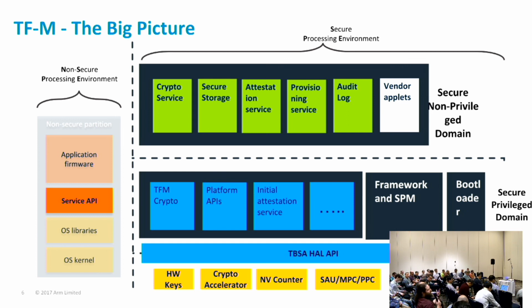But yeah, you never know what's going to get pulled into the secure world. Sometimes people might want to say, actually I want the secure world to be in charge of all the networking, I don't want the normal world to be, and we're going to have an API for doing that. And suddenly you're going to have to pull in networking drivers, perhaps, right? Yeah. And at that point, do you want to rewrite network drivers from scratch for TF-M, or do you want to be able to leverage something that's been done elsewhere?